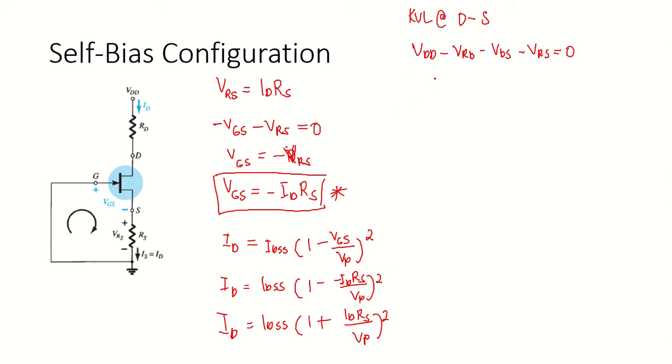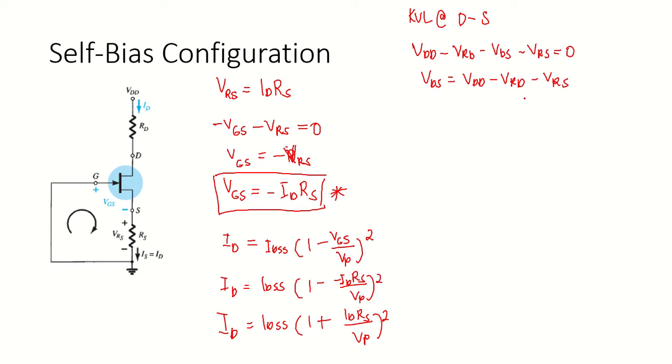So in this equation, we can solve for the value of VDS, which, if we transpose the other terms, will give us VDD minus VRD minus VRS.